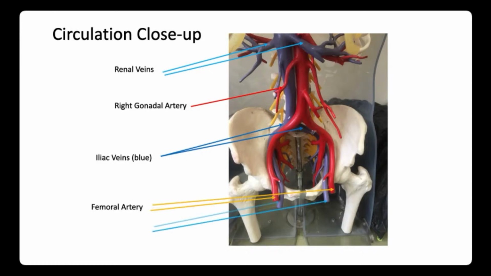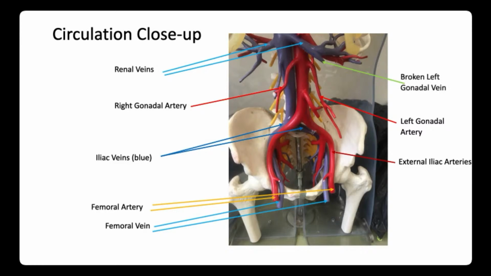What about here? That's right. That's going to be the left and right femoral veins. That's right. External iliac arteries. Got a right and a left. How about here? Yes. Left gonadal artery. Here. You got it. Left gonadal vein.